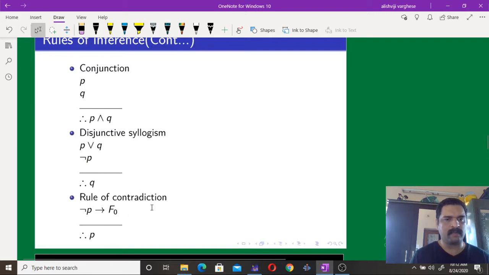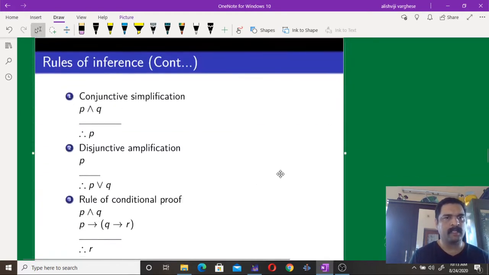Then rule of contradiction: if negation P implies a contradiction, then P. Negation P implies a contradiction, a false fallacy, then obviously P is true. Then another rule which we can use is conjunctive simplification.